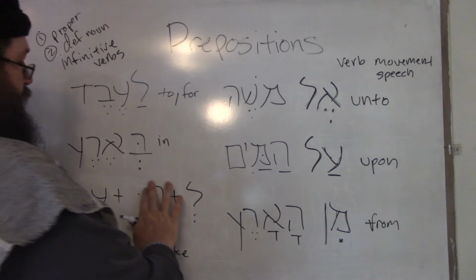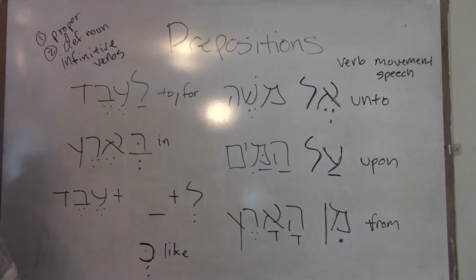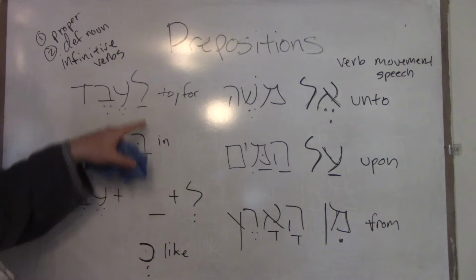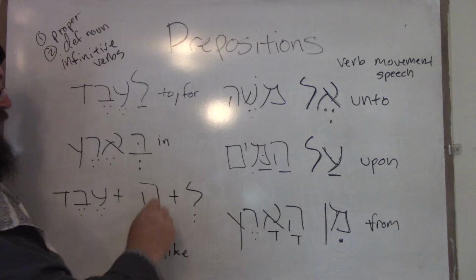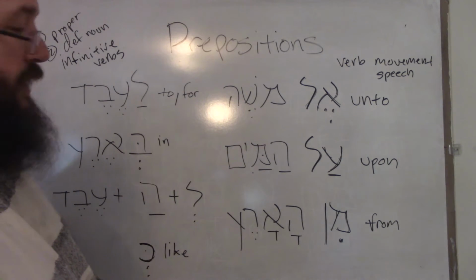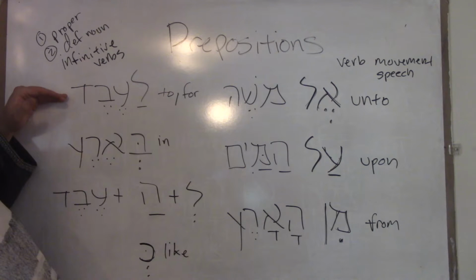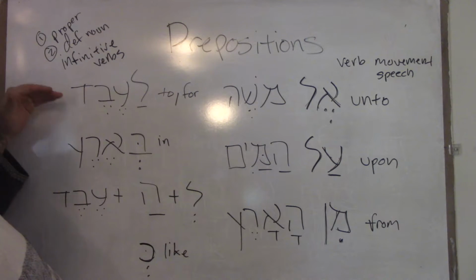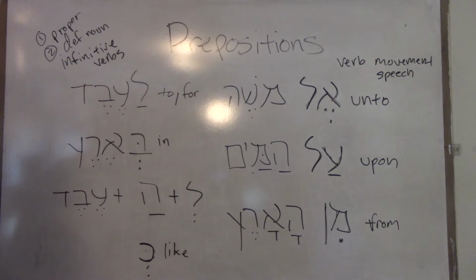The hey disappears when the equation of adding is used, and the only thing that remains is the vowel. So the lamed preposition plus the definite article plus eved equals la'eved. The hey disappears, but only the vowel remains to show that this is definite.